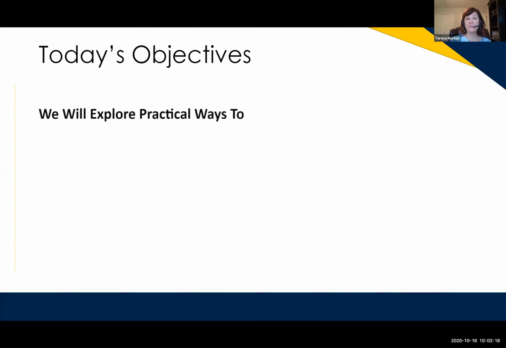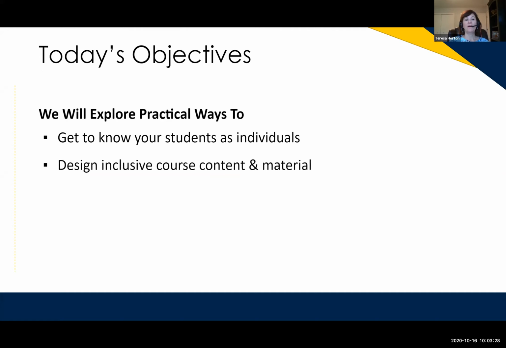The objectives today, then, we have four main topics that we want to talk about, really practical approaches here. First, some practical approaches to getting to know your students as individuals, and approaches to creating inclusive course content, that material that you bring into the course.